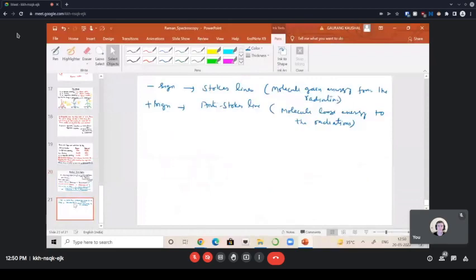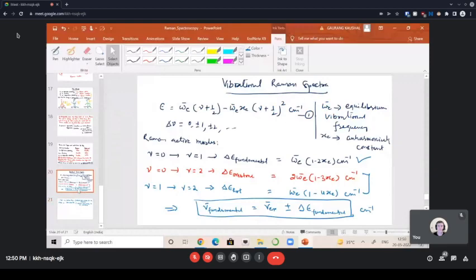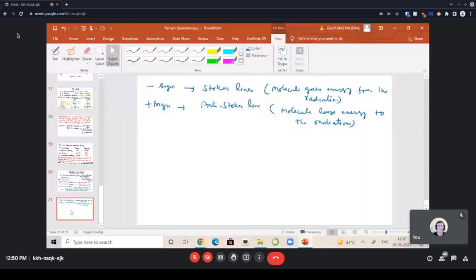Other transitions, overtones and hot transitions, will be there, but their intensity is very weak and it is very difficult to resolve in this spectrum. So we are only discussing the fundamental transition, and around this exciting line there will be Stokes and anti-Stokes lines.